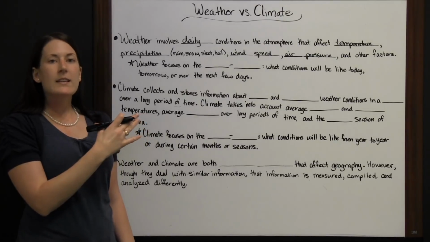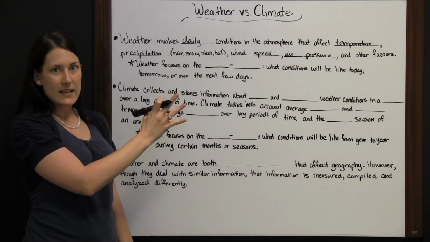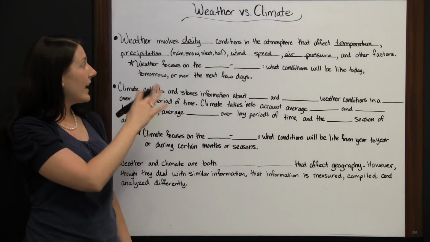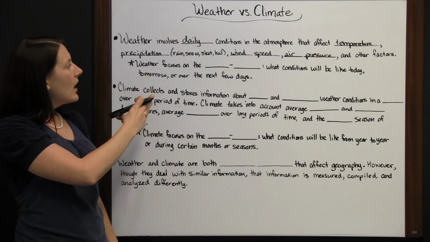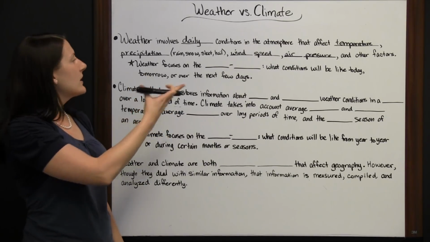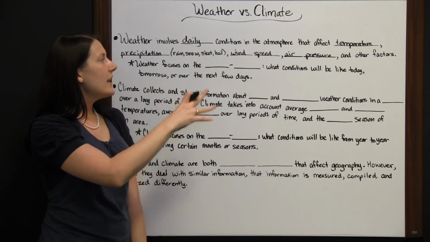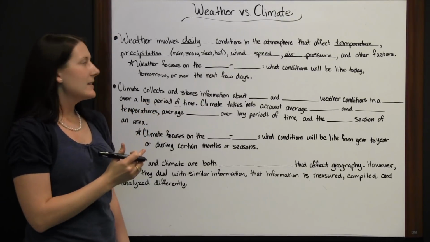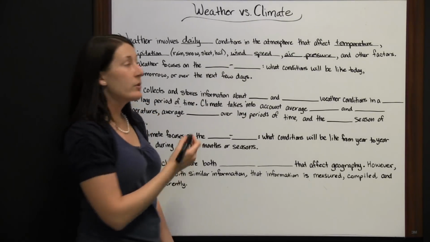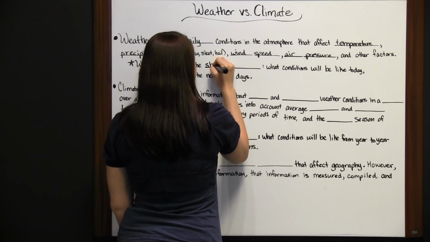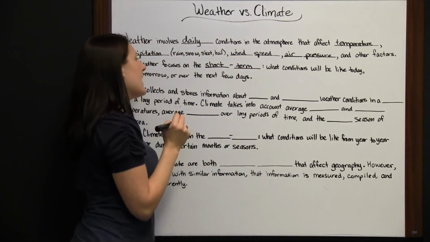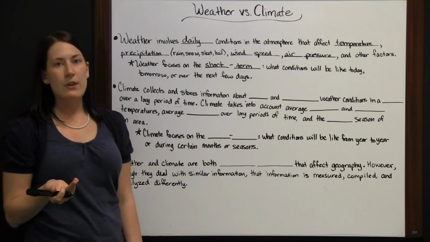So weather is involving the daily conditions of things, such as temperature, precipitation, how much rain, snow, sleet, or hail we get, the wind speed and direction, the air pressure, any kind of weather-related things, but on a daily basis. Weather focuses on the short term, meaning what conditions will be like today, tomorrow, or over the next few days.